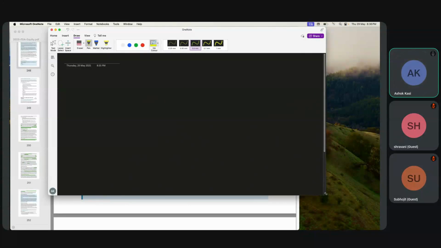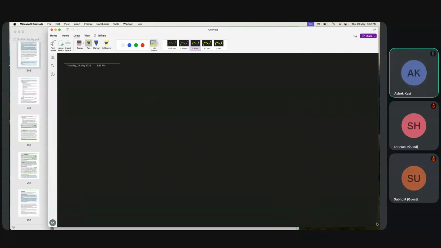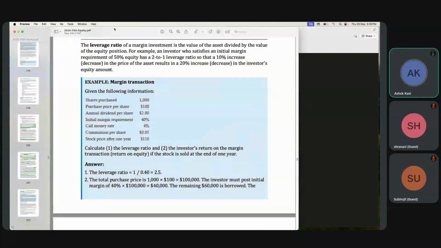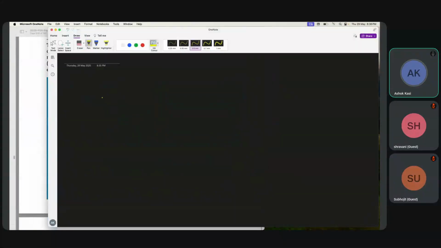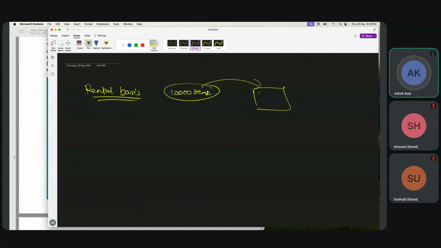See, leverage means with 1 rupee. You can take the example of rental basis. When you stay on rental basis with 10,000 rupees rent, you are getting exposure to your home worth maybe, let's say, 20 lakhs.